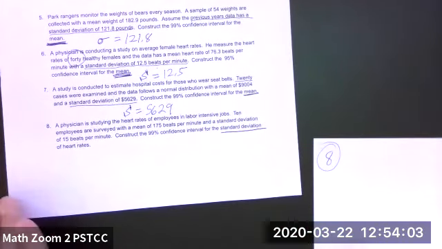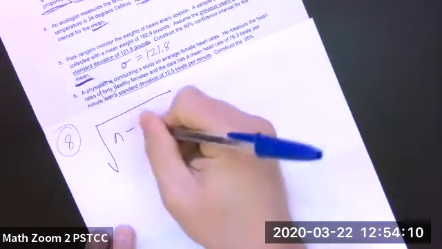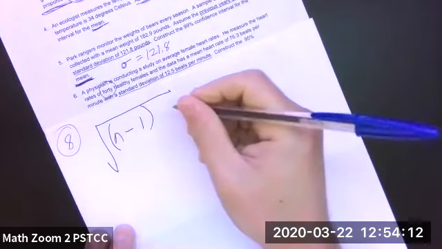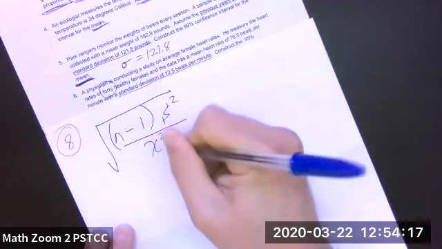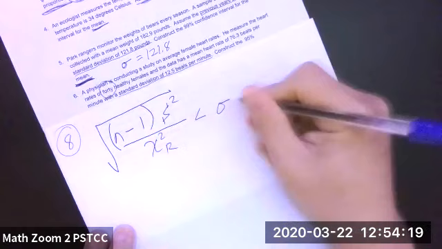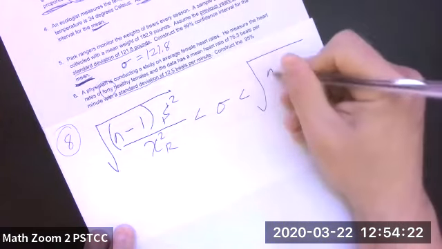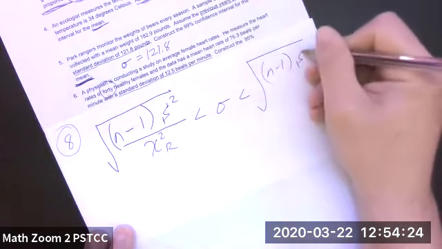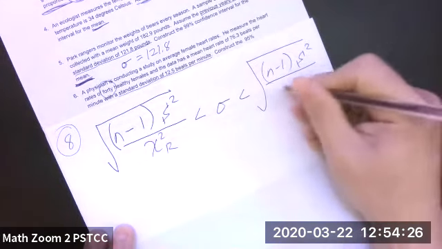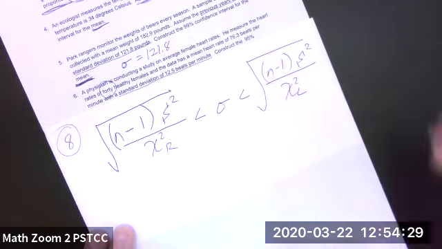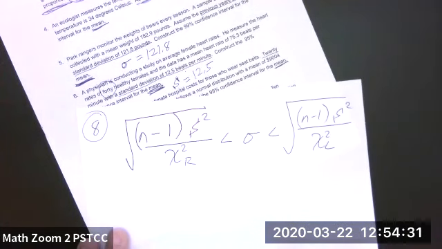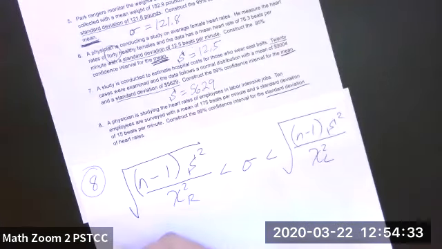Now, if we go to the formula sheet, we have this long formula for the confidence interval. Well, we know the sample size is 10.